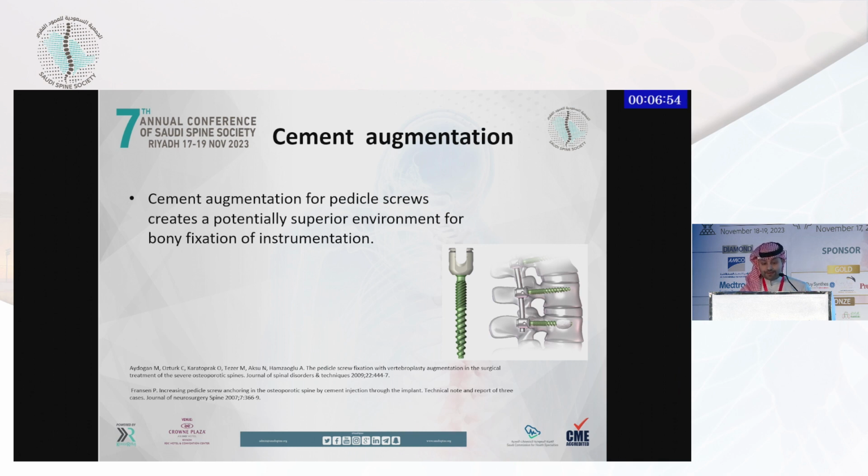Using cement will definitely create a superior environment which has a clinical and biomechanical advantage, clearly described in the literature. Basically, we inject the cement through the fenestrated pedicle screw. If you don't have access to that, you can just do a vertebroplasty and then insert the screw directly after that.